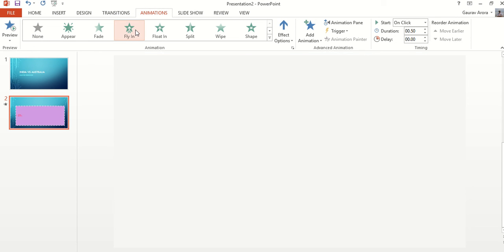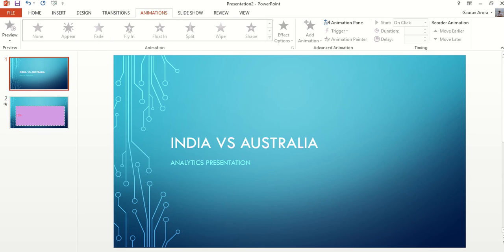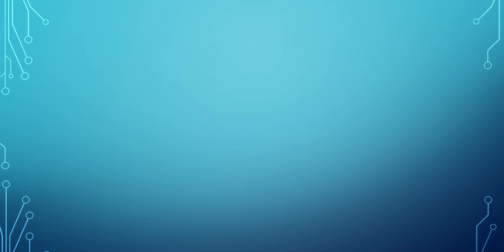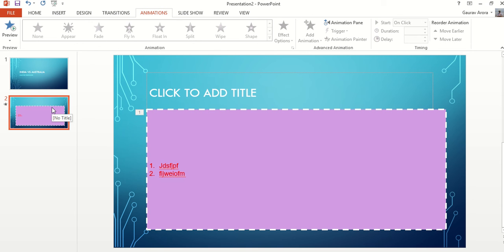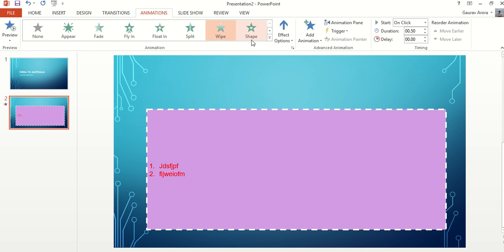So suppose you start presenting and then you come to next slide, and then you can see I have this animation built in for the text box which I had given. You can see a number around it. This means the animation given to it. This is very awesome.